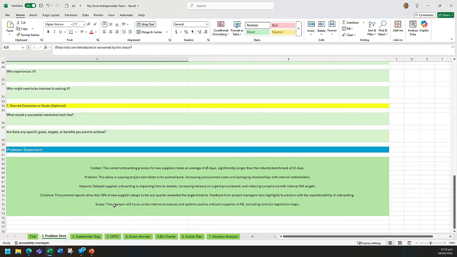And then eventually, with ChatGPT, I started talking to ChatGPT and saying, well, can you write me a problem statement? Well, actually, what questions should I be asking in order to get a good problem statement?